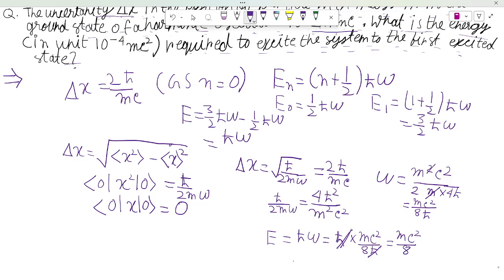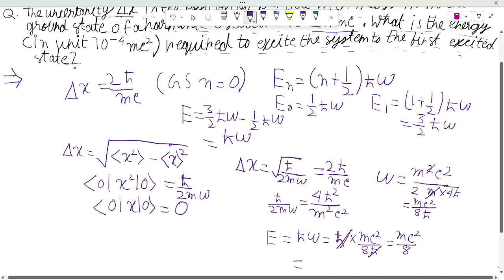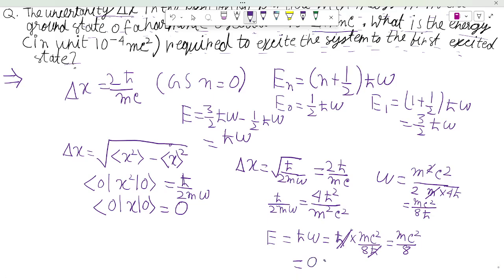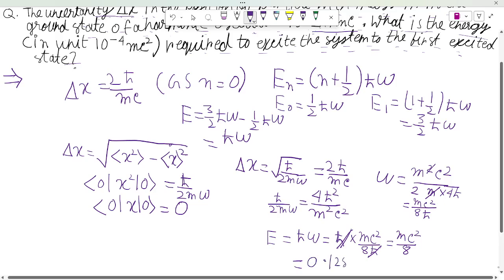If we convert it to decimal, we get 0.1250 mc square, that is 1250 into 10 to the power minus 4 mc square.